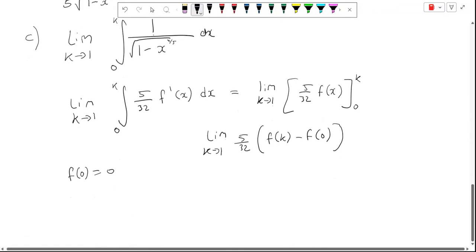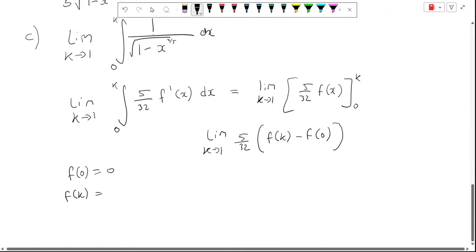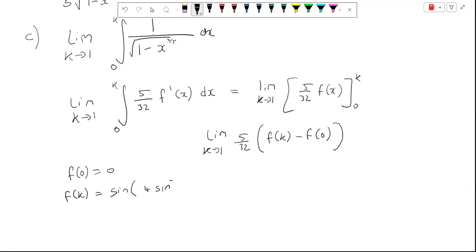And so f of k is going to be sine of 4 sine inverse of k to the 1/5, minus 8 sine of 2 sine inverse of k to the 1/5, plus 12 sine inverse of k to the 1/5. And then we're trying to work out this as k goes to 1.